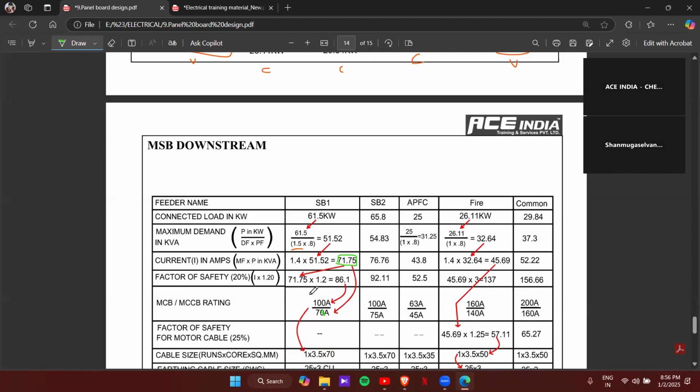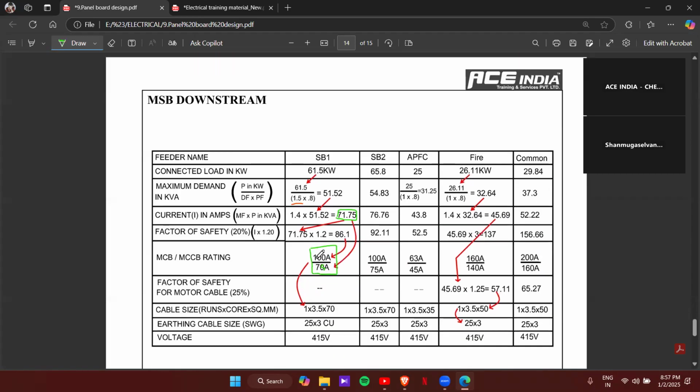So the selected MCCB rating will be 100 by 75. And based on the switch rating of 100 ampere, we have to choose the cable. You can see that it's a three-phase connection, and for a three-phase connection, if your current rating goes above 50 ampere, you have to go for 3.5 core cable, right? So 1 into 3.5 core into 70.